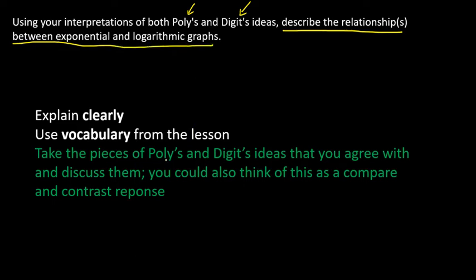All right, so I would recommend rereading your responses from the last two pieces. Take pieces of their ideas that you agree with, that might not be the best way to say it, but the more important, more relevant parts of these ideas, and discuss them. You could think of this as sort of a compare and contrast response as far as describing the relationships.